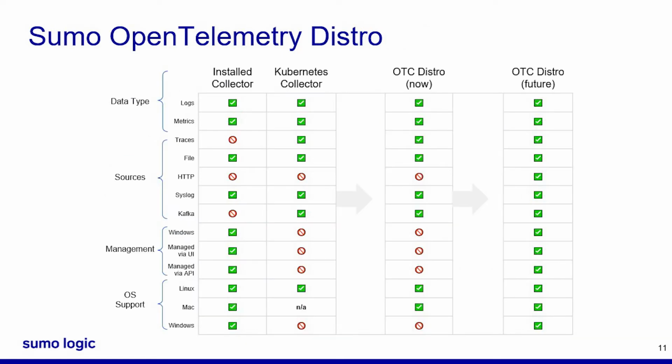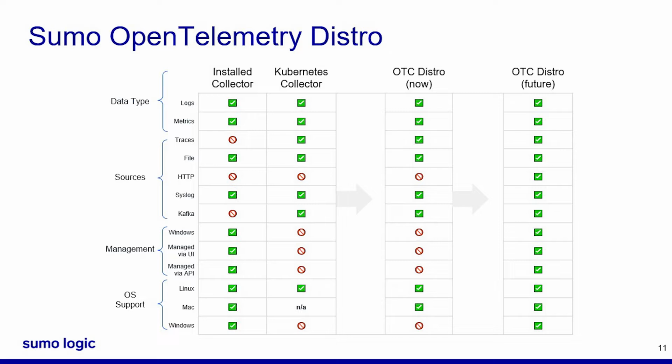Here are more details on where we are heading with our OpenTelemetry-based collector. On the left-hand side of this table are our classic collectors. These collectors provide a range of capabilities, whether it's handling different types of telemetry data, the data sources that they support, collector management, and the operating system hosts that they can run on.